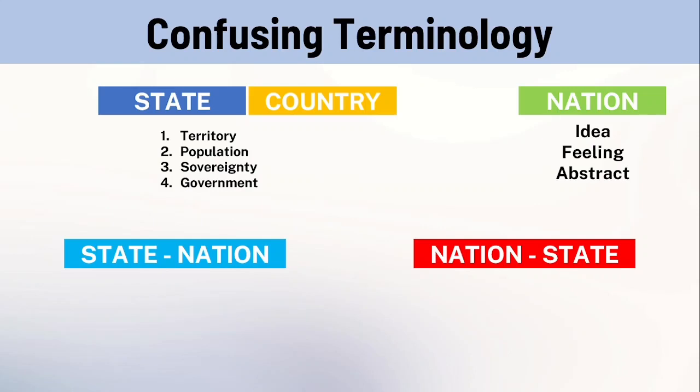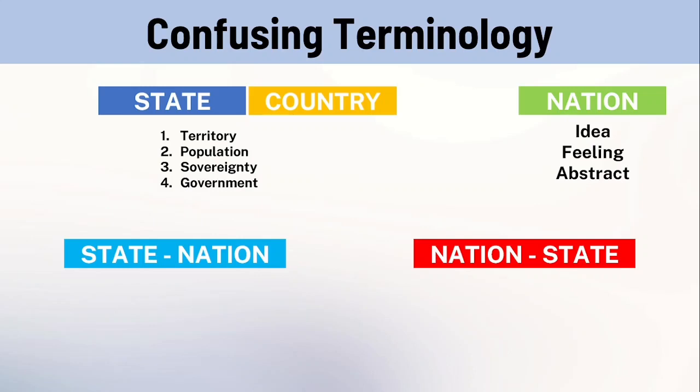It's an idea, it's a feeling of collective and common identity among people, if they share the same history, share the same culture, etc. It's abstract. So we can say that all nations are states, but not all states are nations.